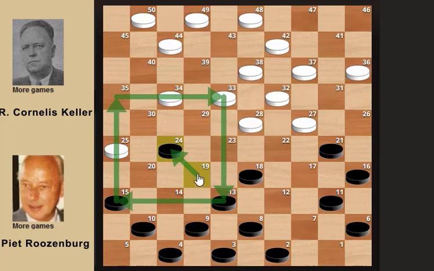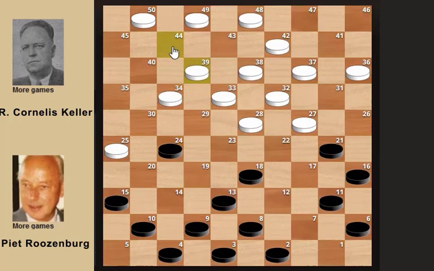So Roozenburg decided to move to the center of the square. Then Keller replied to this move by playing 44-39. And then the move was responded by Roozenburg by playing 10-19.